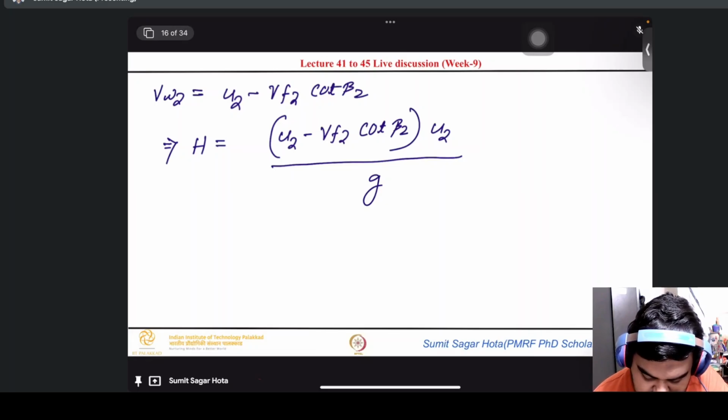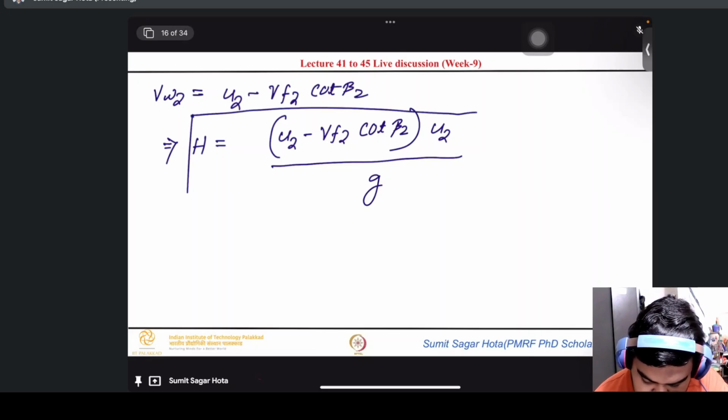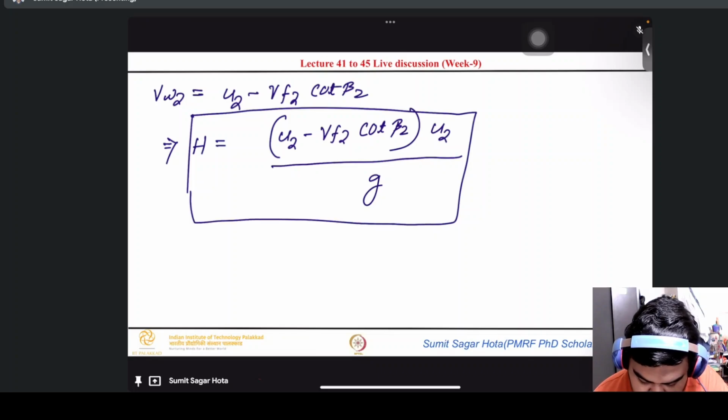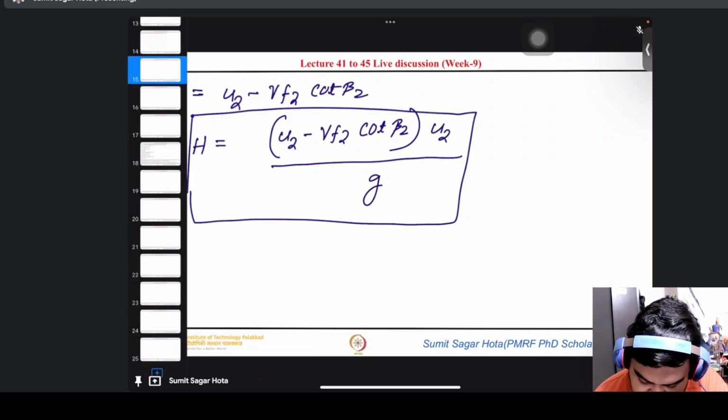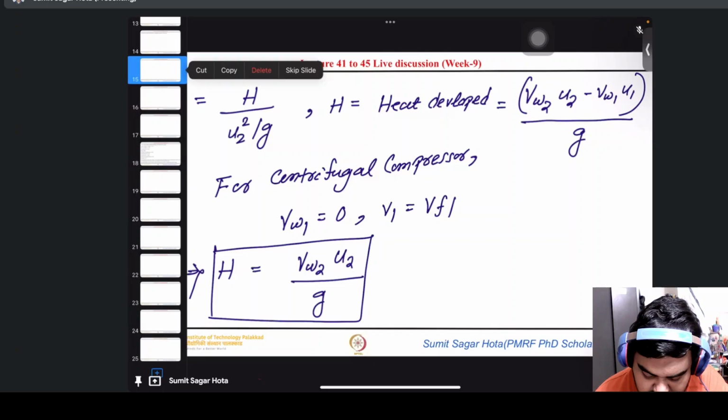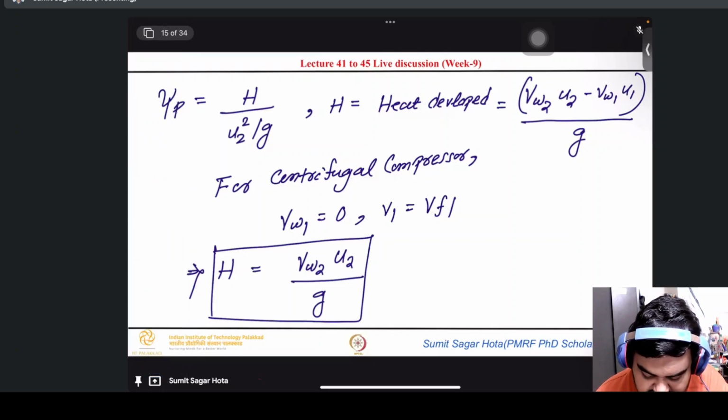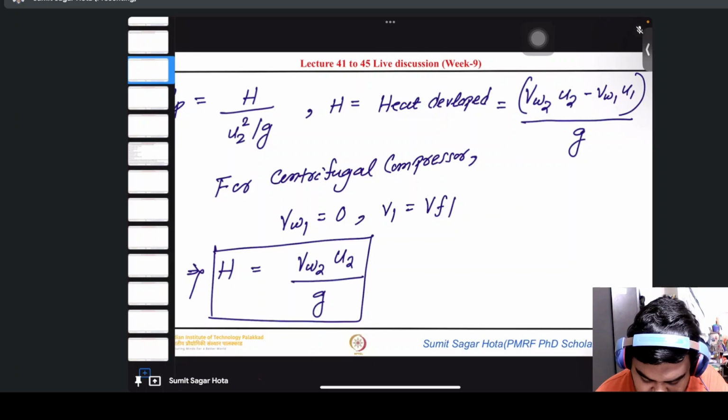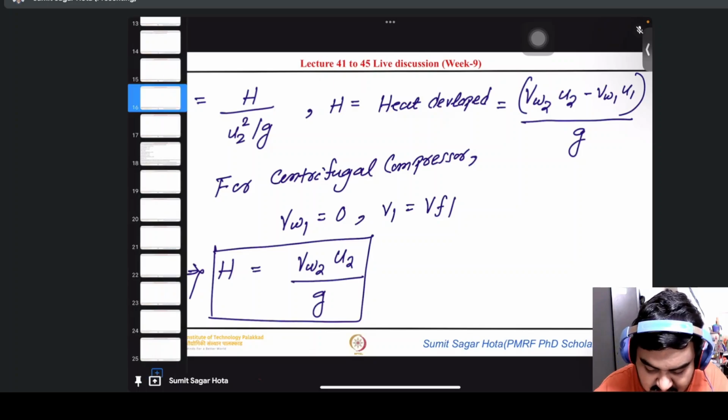So now this is your H. If you know H, then you can put it in psi p equal to H by U2 square by g. Next, find out psi p.